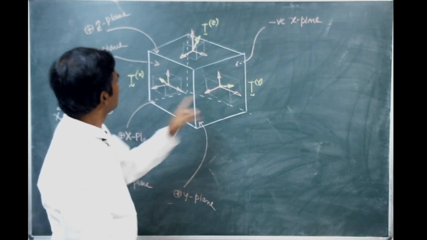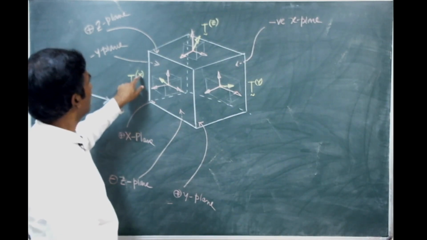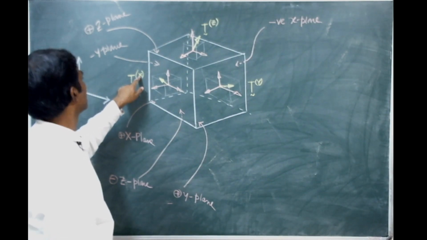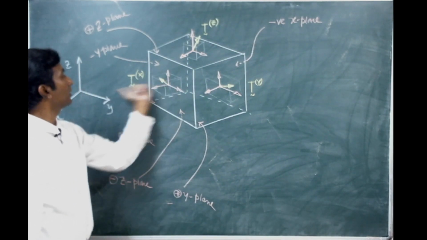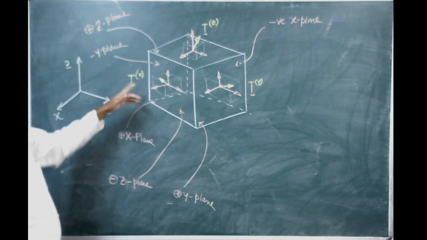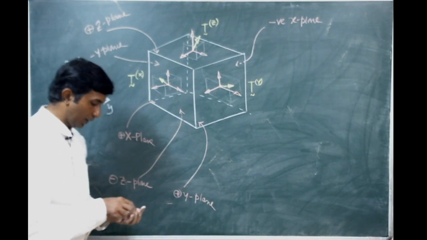So here this traction vector Tx, T is the traction, and it is acting on the x plane. It can be further resolved into three parts in the Cartesian system, that means along the x, y and z directions.